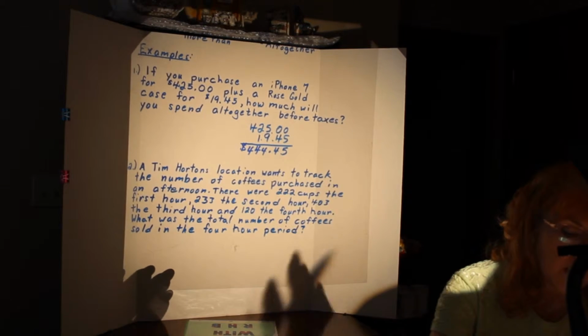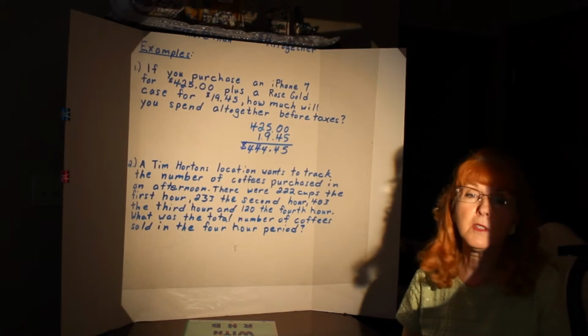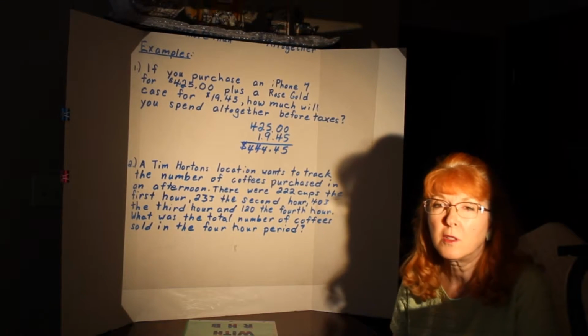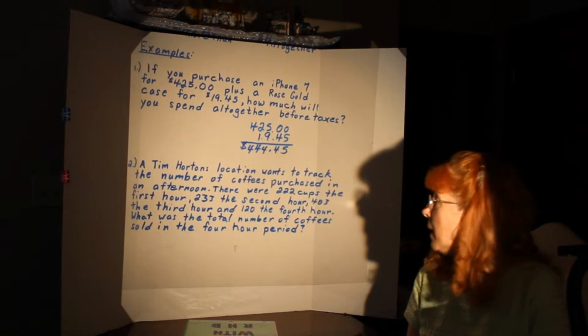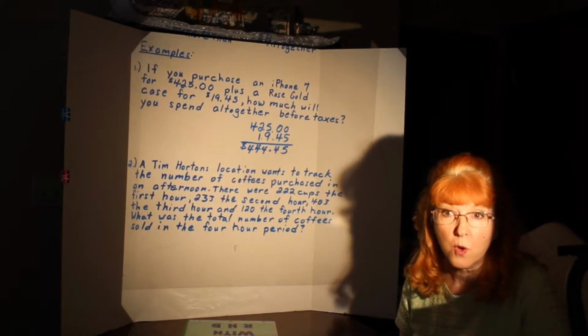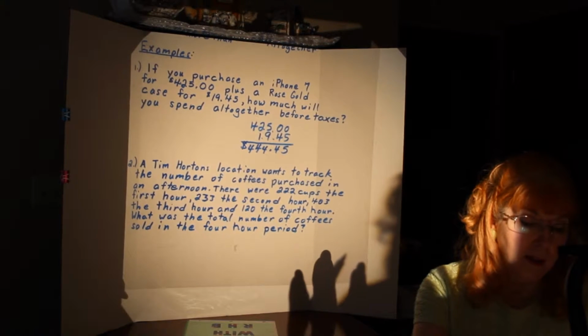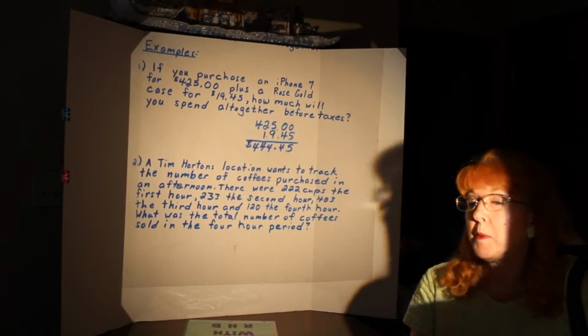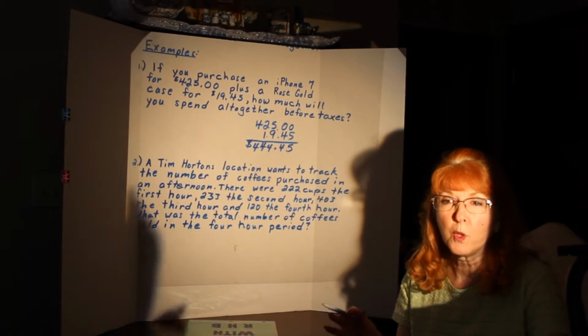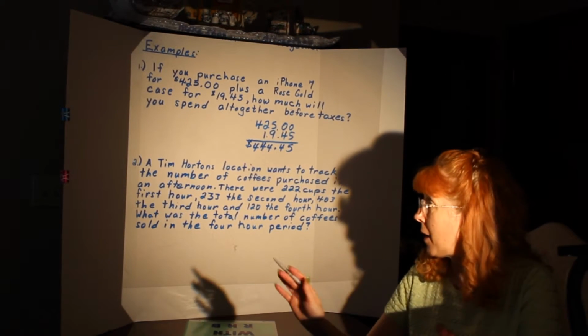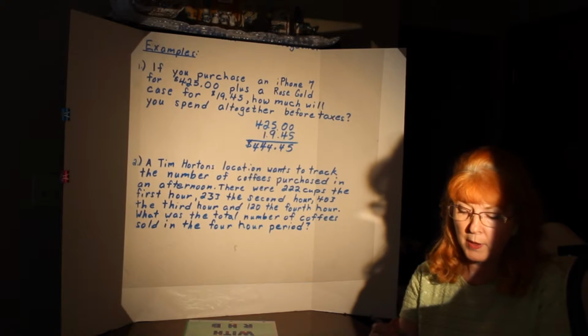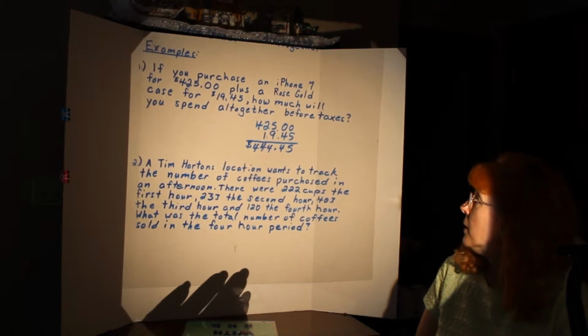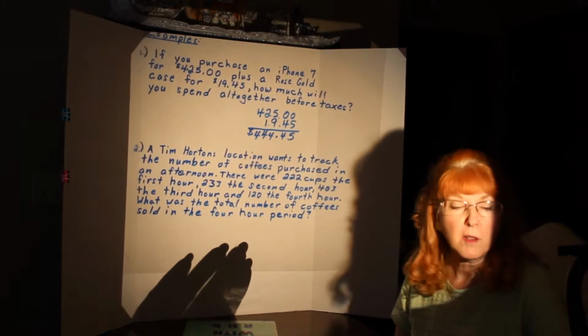So your before tax amount is going to be $444.45. That way you can decide whether you want to order it or not. We're going to talk about sentences with your word problems. Right now we're just going to do the mathematics, the actual calculations.